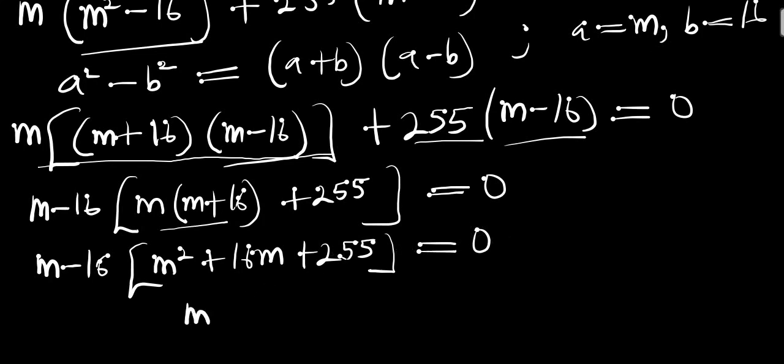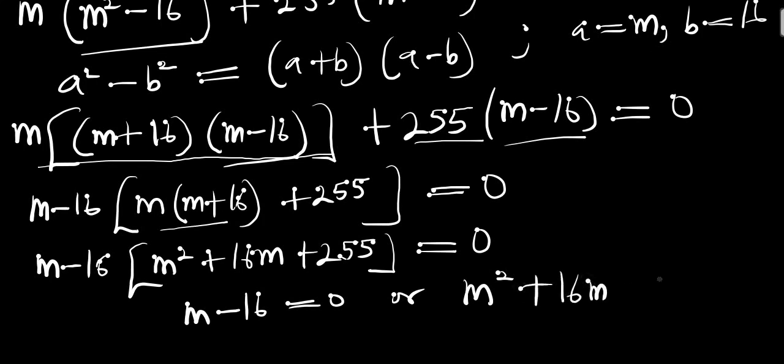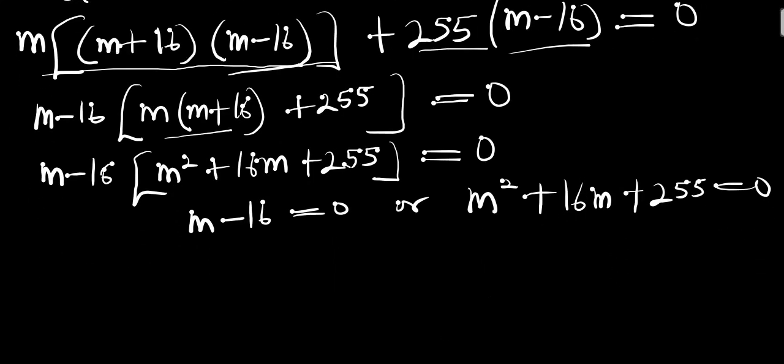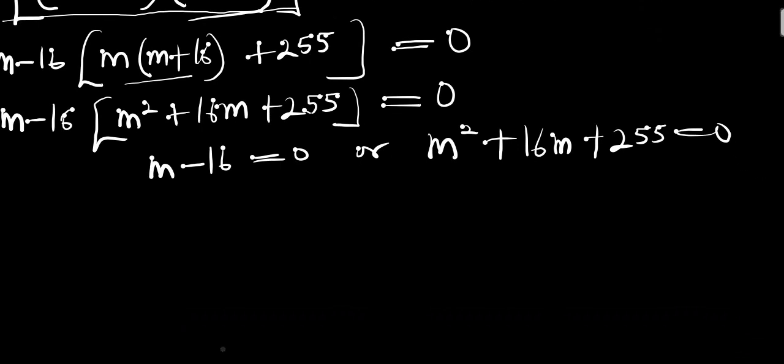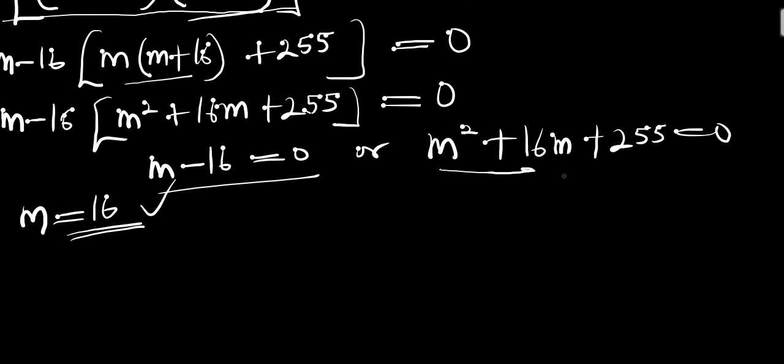We have m minus 16 equals 0, or m squared plus 16m plus 255 equals 0. So we are going to solve these two equations. From the first one here, it is obvious that m is equal to 16. So this is one of the solutions. This is actually a real solution. Now let's go ahead and solve this particular quadratic equation.